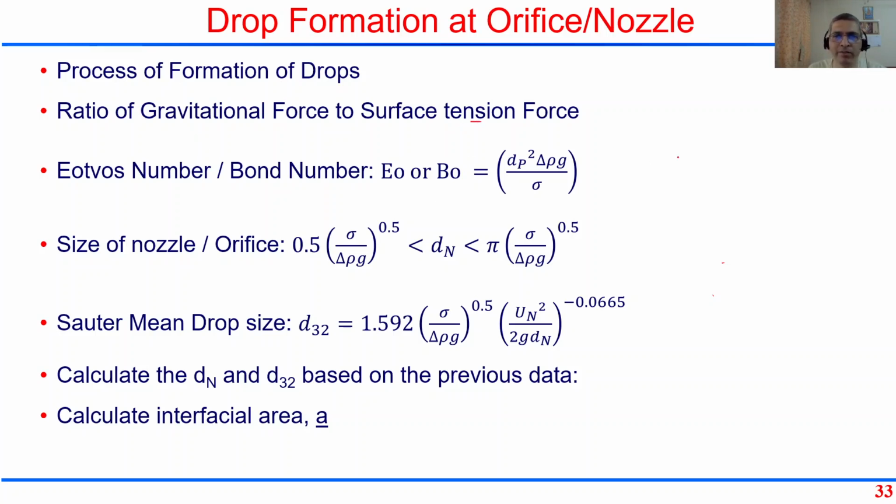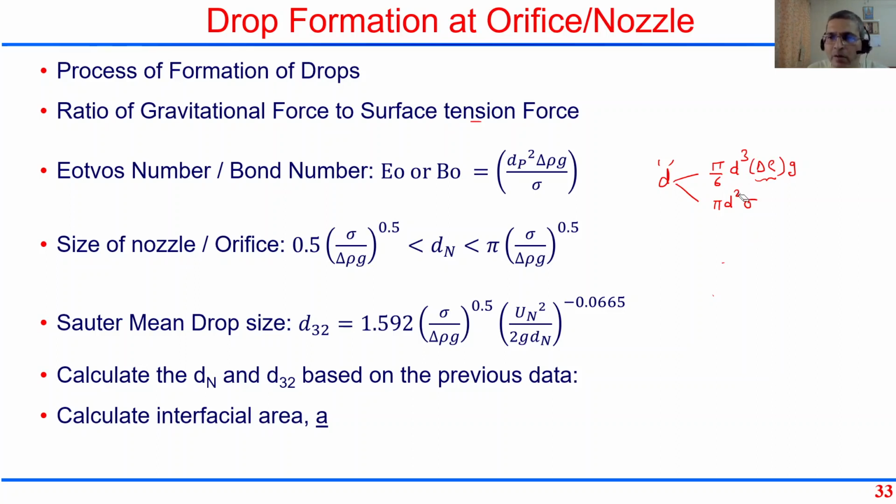So if you think that there is a drop of size d, then the gravitational force on that drop would be pi by 6 d cube delta rho, the net gravity minus buoyancy, multiplied by g. This would be the gravitational force, and the surface tension force would be, surface area pi d square and the surface tension force.